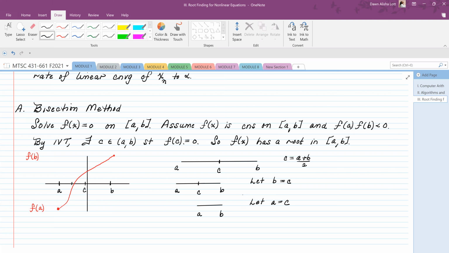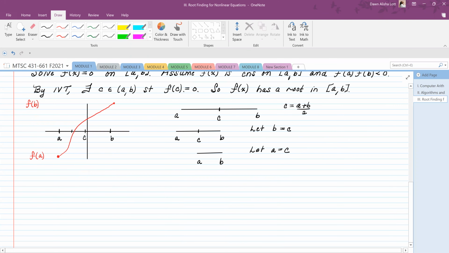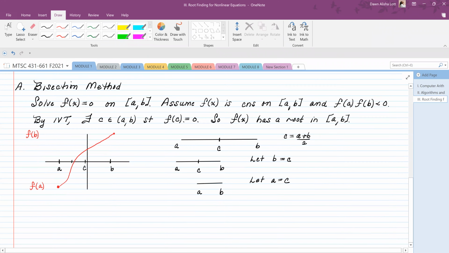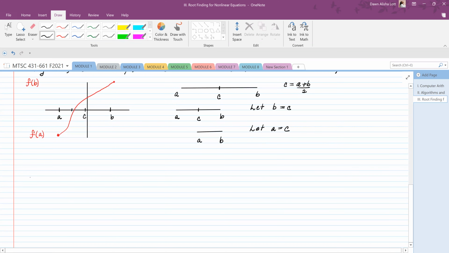Okay. So here's my algorithm. This is guaranteed by the intermediate value theorem to find the root. I don't have to worry that it's not going to find the root, because it's guaranteed.